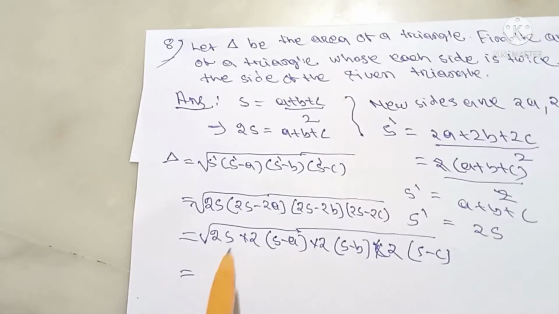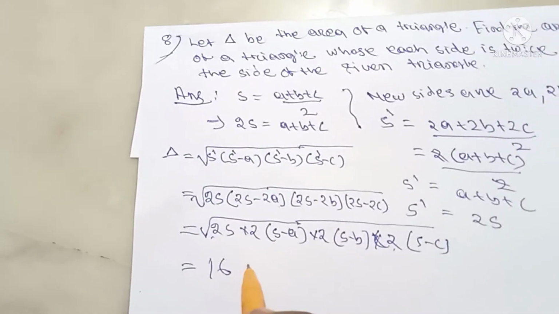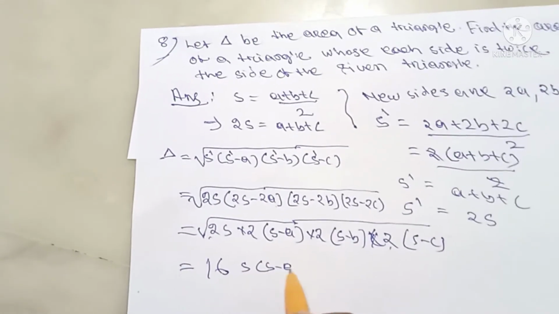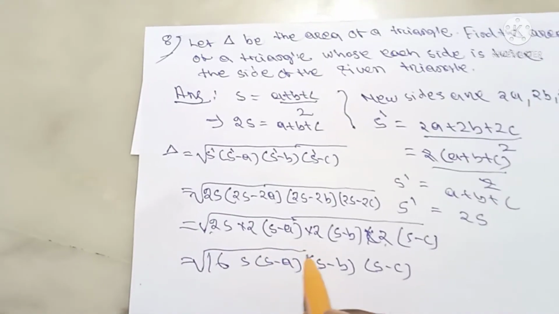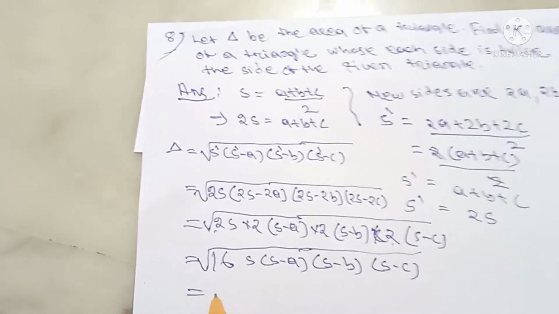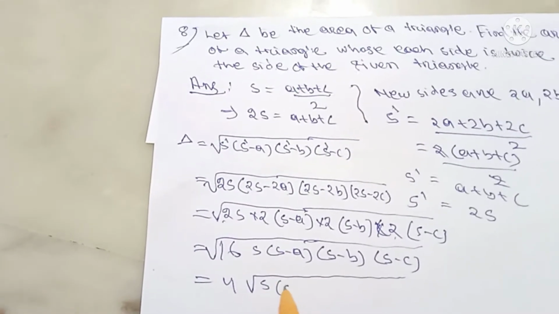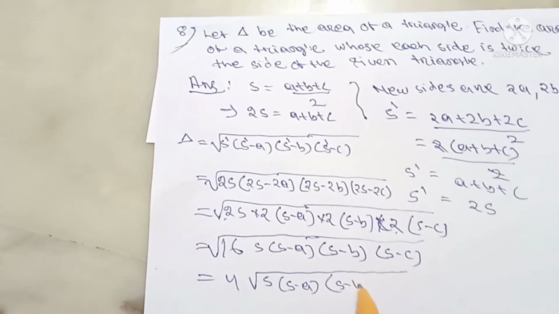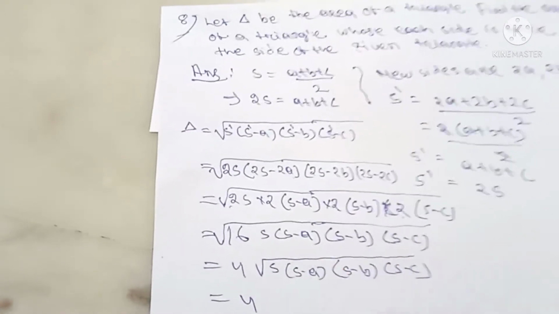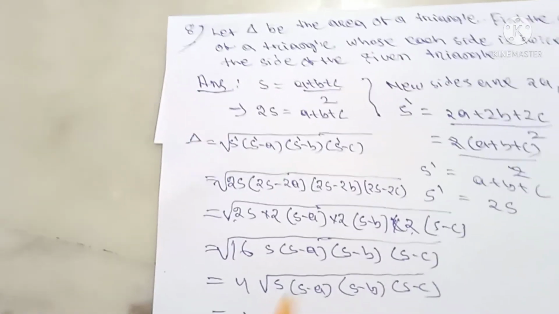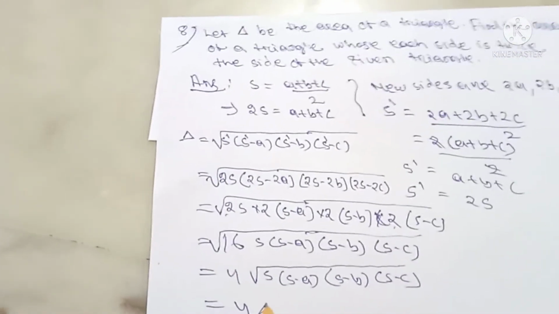Equal, multiply 2 into 2 into 2 into 2, 4 times, so 16, whole into S minus A into S minus B into S minus C, whole root over of 16 is equal to 4, then root over of S into S minus A into S minus B into S minus C. This is the area of the first triangle, S into S minus A into S minus B into S minus C. Let this one equal to delta.